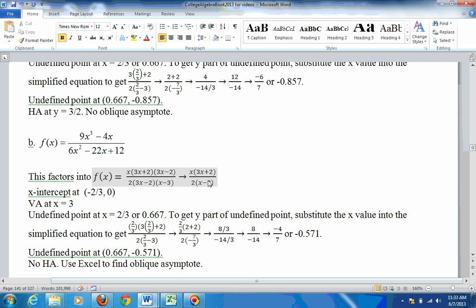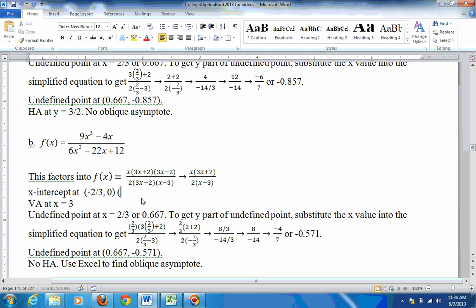X-intercept is where, after you simplify it, you set the numerator equals 0, and you'll get where x equals 0, and also right here, set this equal to 0, and you get negative 2/3. So there's actually two x-intercepts, one at negative 2/3, and the other one at 0, 0.